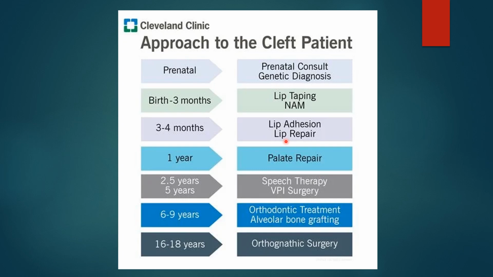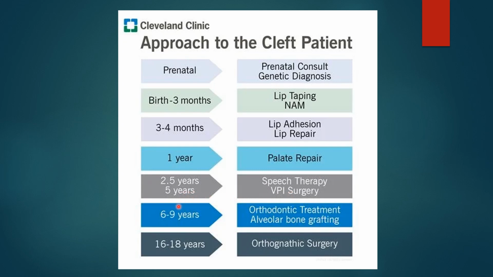So the protocol we have for managing such a patient who is prenatally diagnosed with cleft lip or palate includes prenatal counseling of the parents. Then from birth to 3 months, lip taping or minor surgery is done to cover the lip defects. Then at 3 to 4 months there is lip repair, which is more extensive. At 1 year of age there is palate repair.